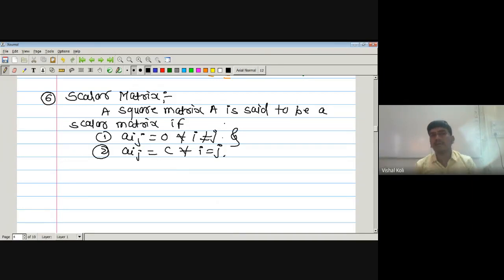So any square matrix A equal to aij of order m by n is said to be a scalar matrix if all the non-diagonal elements are 0 and the elements on the diagonal line are the same.